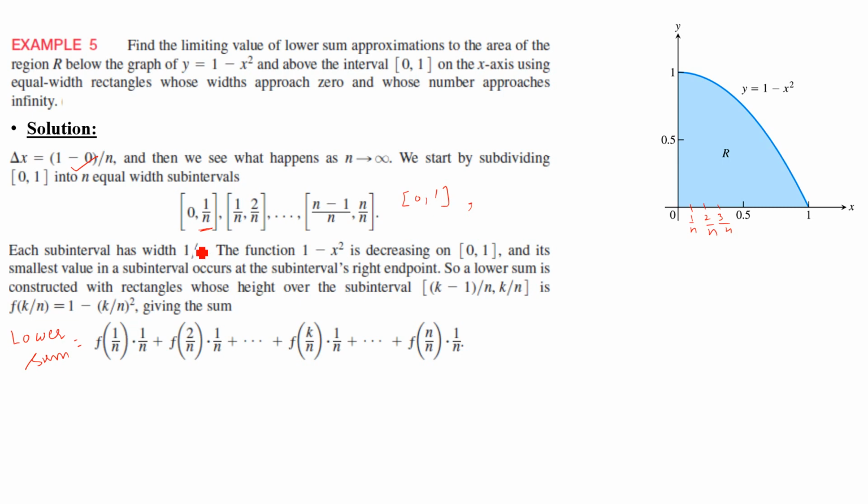As I told you again and again, the function is decreasing, so the minimum value lies at the right end of the interval. The right end of the next interval is 2 over n, so f of 2 over n multiplied by the width of the rectangle, and so on, up to the last interval, f of n over n multiplied by 1 over n.